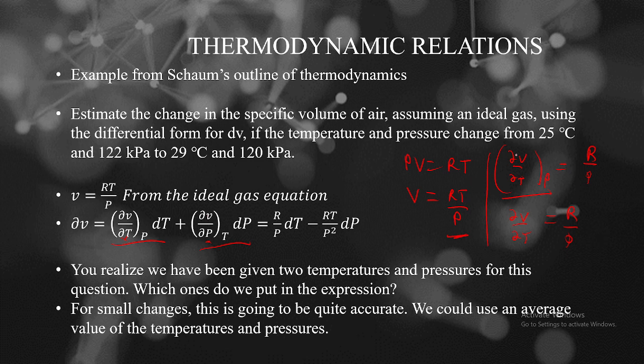If it was T squared, you use your normal relations. This is just an example. If this was RT squared over P, R over P is a constant, so I can represent it with C as a constant. So CT squared, where my C is representing my R over P. If I want to find how my V changes with respect to T, I'm going to make it 2CT, right?